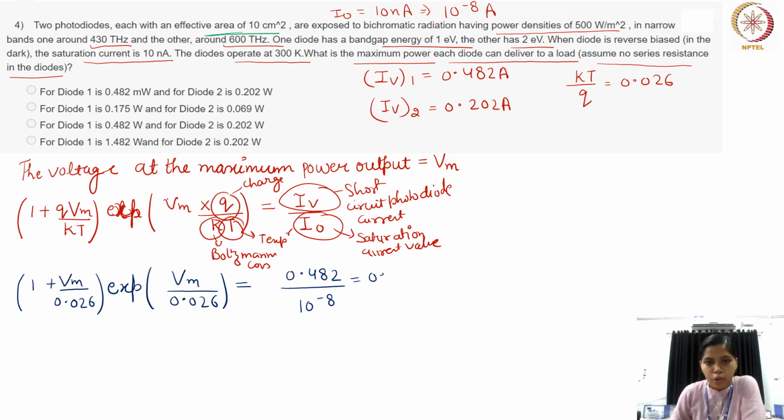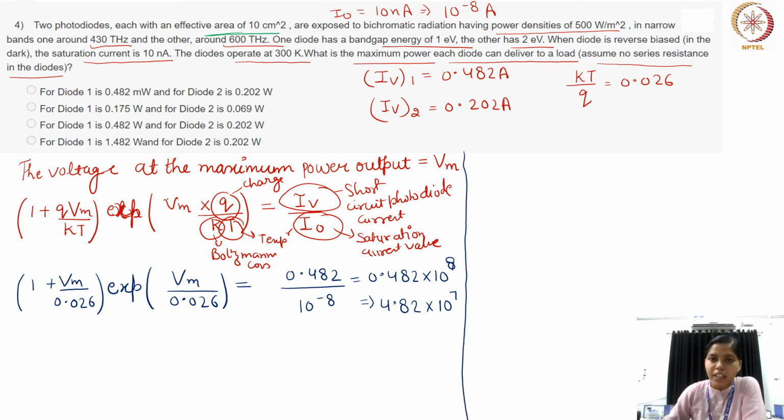So it will be 0.482 into 10 raised to the power 8, or we can write it like 4.82 into 10 raised to the power 7 here.